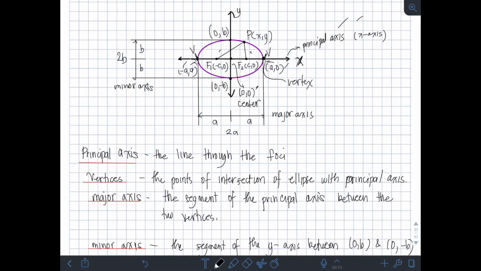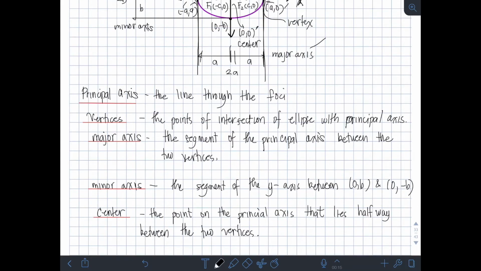So, the major axis is just the segment of the principal axis between the two vertices. So, this is it. These are our two vertices, right? So, this is the major axis, 2a units, because half of it is a, right? Okay? So, it is the length between the two vertices of the ellipse.